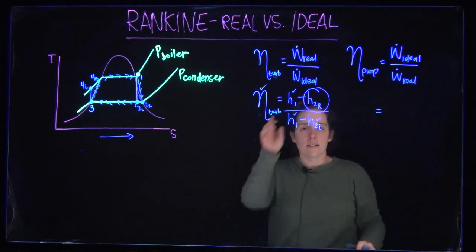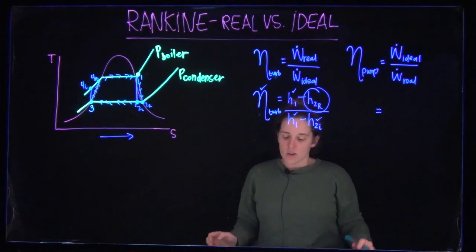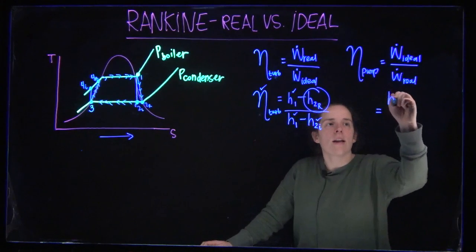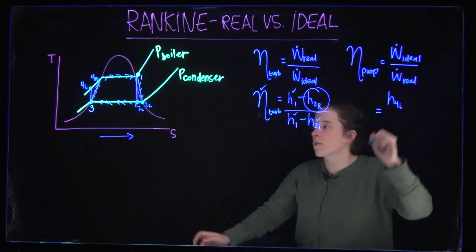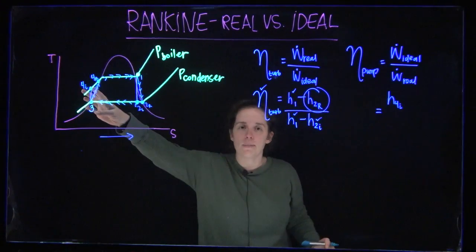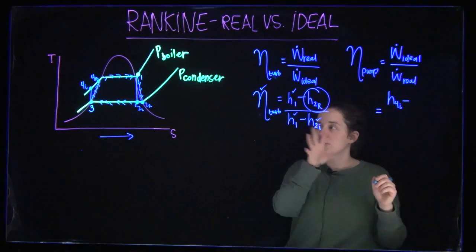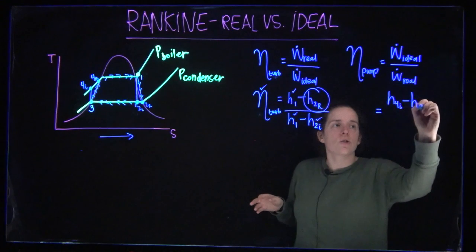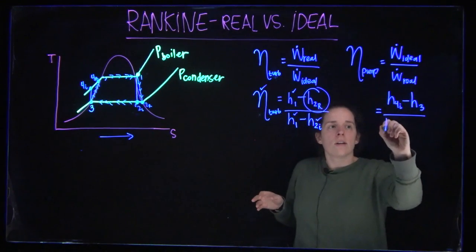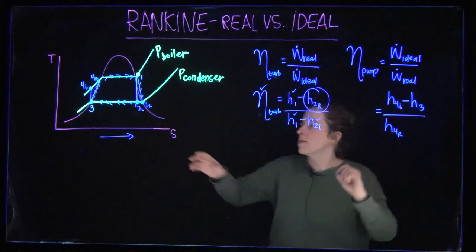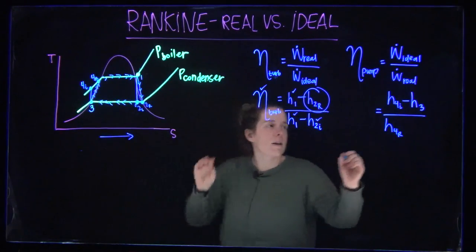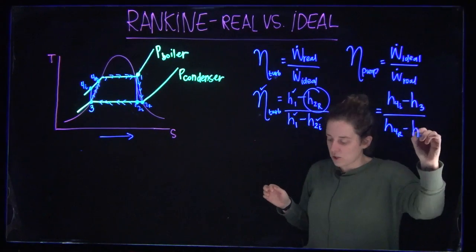So in this case, our ideal is going to be equal to H4 ideal. So that's what's coming out of the pump, minus, and out of the pump is more energy than going in, so minus H3, over H4 real, so again, moving a little bit to the right, minus H3.